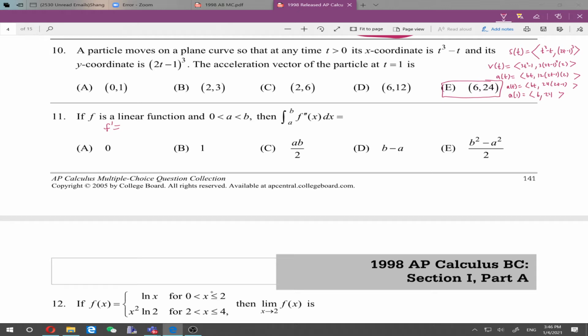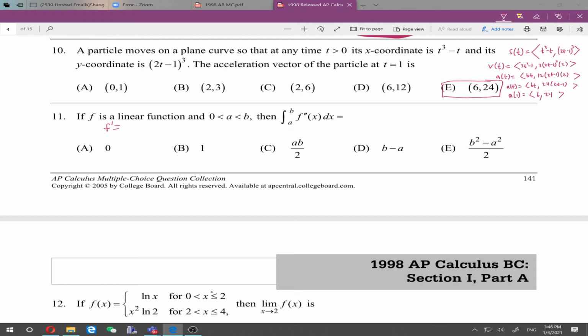So all I know is f is linear. If f is a line, then what can you tell me about the slope? y is equal to mx plus b. What do you know about m? m is the slope. So we know our slope is constant as long as we've got a linear function.